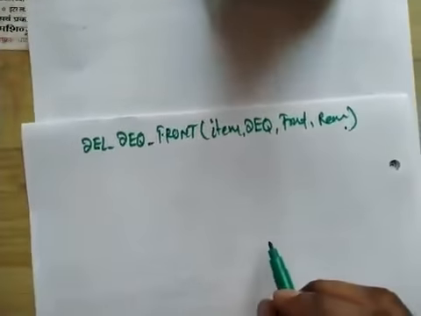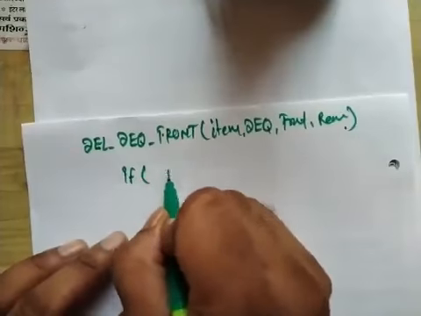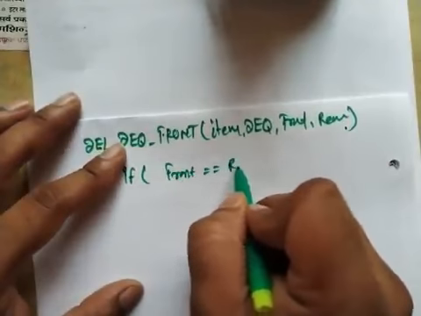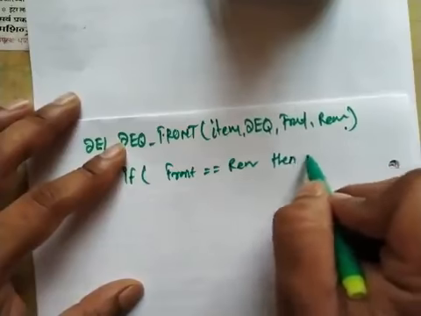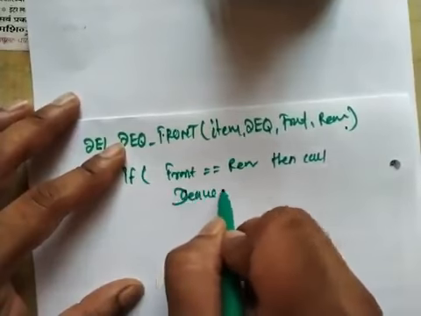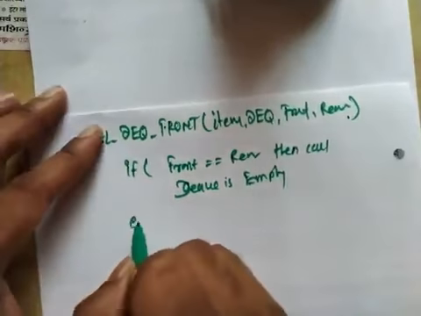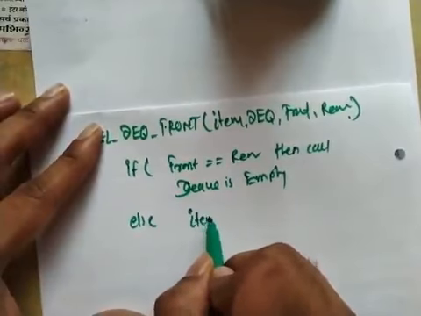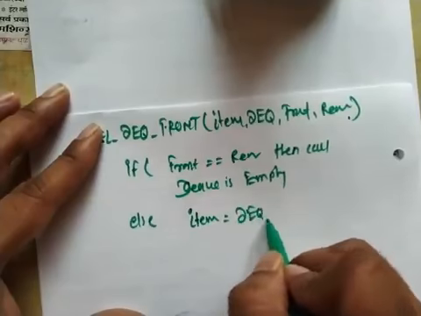Now simple logic again: if front is equal to rear, call dq is empty. Else, in the atom variable we collect the element which is in the dq at the front position.